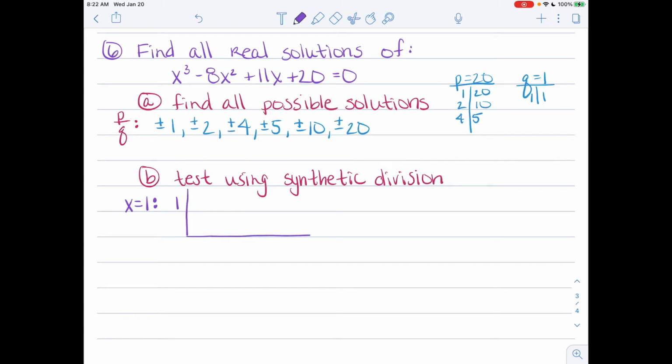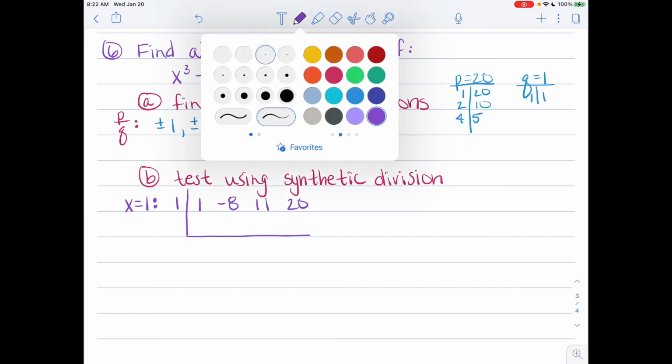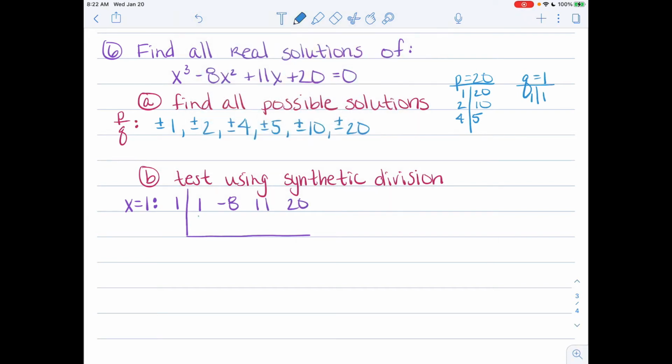Draw my synthetic division box and see if I need to add any zeros. 3, 2, 1, 0. I have everything accounted for. I can just write my coefficients. 1, and then negative 8, 11, 20. You should be super quick at synthetic division by now.